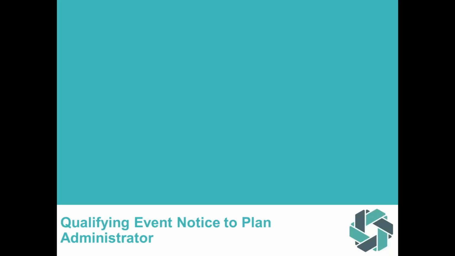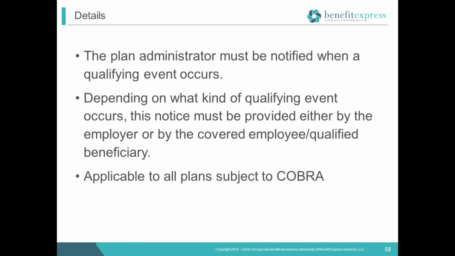Another notice the employer has to give is notice of a qualifying event to the plan administrator. If the plan administrator is different than the employer, the plan administrator must be notified when the qualifying event occurs. The employer has to notify the plan administrator that there's been a qualifying event.